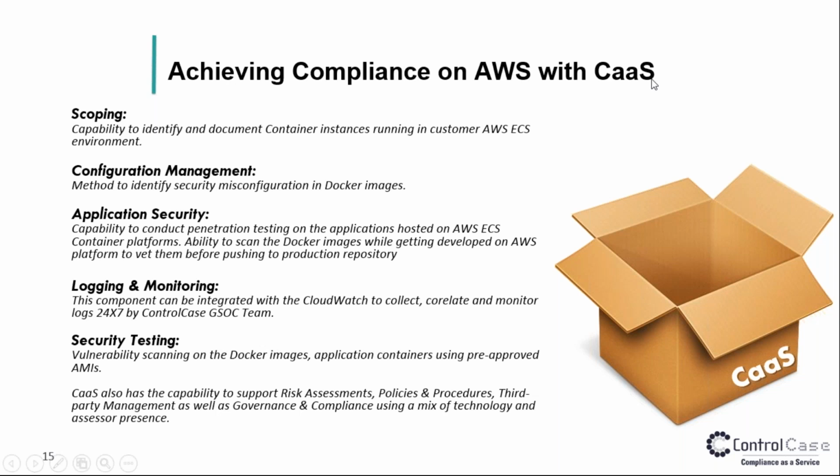So the next point you can see is configuration management. In configuration management, the solution can be configured to connect to the AWS setup to perform configuration checks on the ECS instances as well as the overlying services on the container images. Let me give you an example.